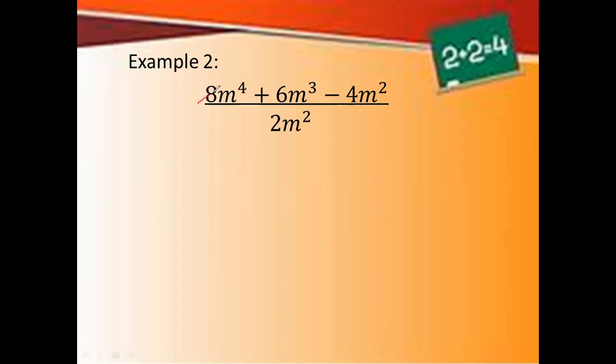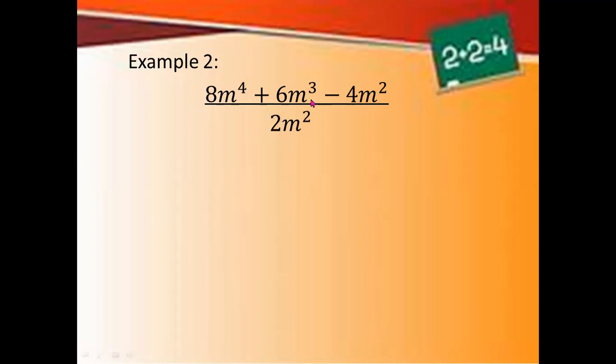So 8 divided by 2, and then m squared and m to the 4th. You can have 6 divided by 2, m cubed, m squared, right? Or 4 divided by 2 and m squared and m squared.